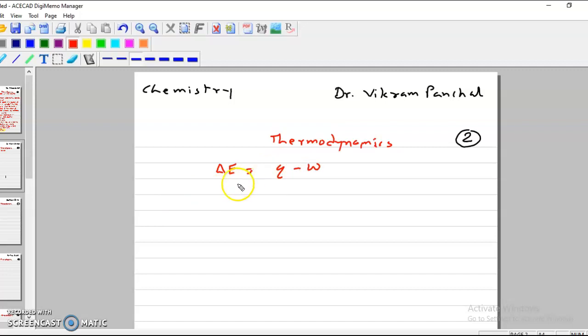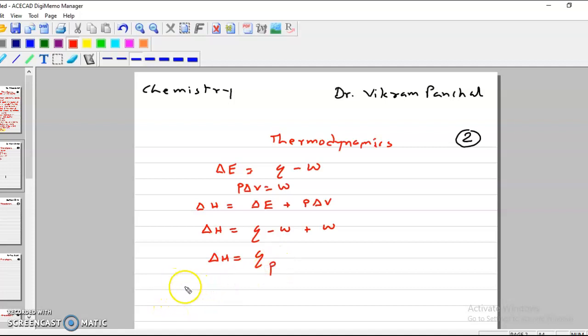And you know that P delta V is equal to W. And delta H is equal to delta E plus P delta V. So we substitute values of all. So delta H is equal to Q minus W plus W. So W will be cancelled. So delta H is equal to heat changes at constant pressure.